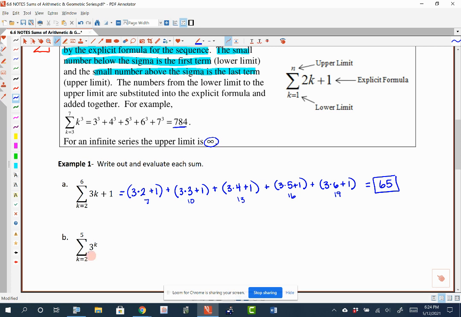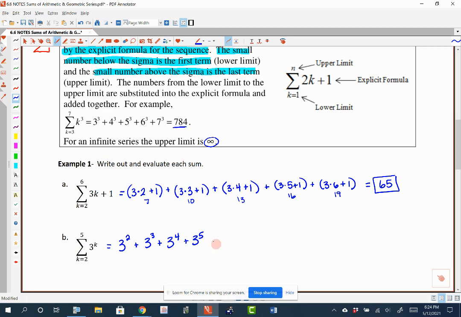Let's try it again for the next one. Similar to the one we saw above in the example, except now we have 3 to the k. So we're going from 2 to 5, so I'm going to start my summation here. 3 to the k, well, my first k is 2, plus 3 cubed, 3 to the fourth, and 3 to the fifth.